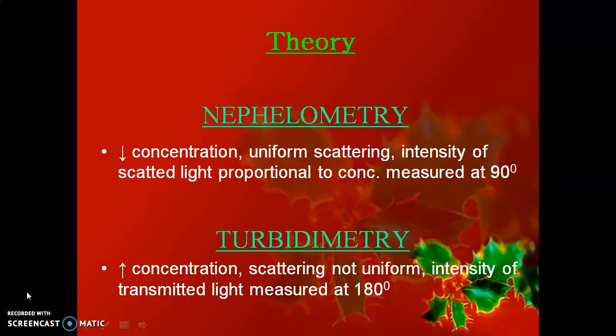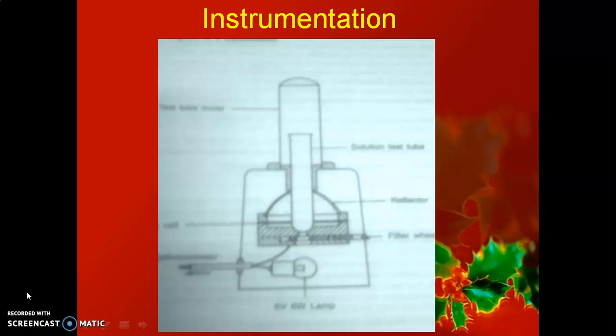Turbidimetry is applicable for concentrated or turbid suspensions. Here the scattering is not uniform, as turbidity is more. Hence the intensity of transmitted light is measured in this technique at 180 degrees.